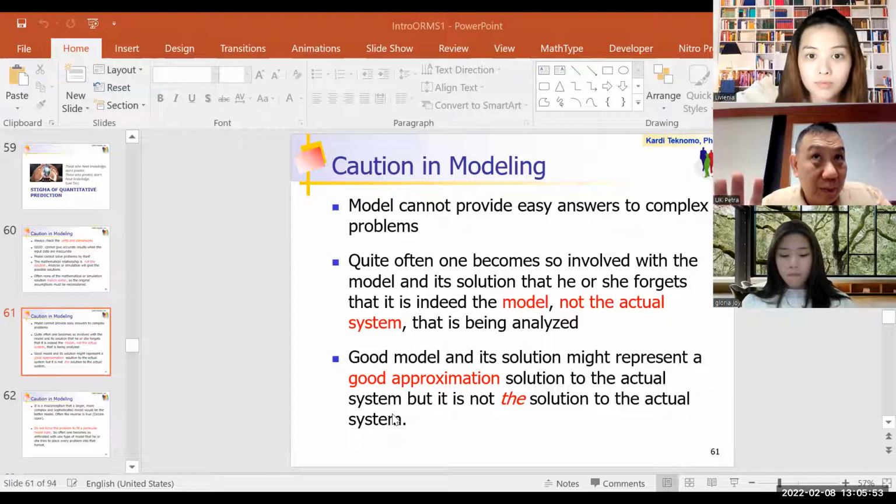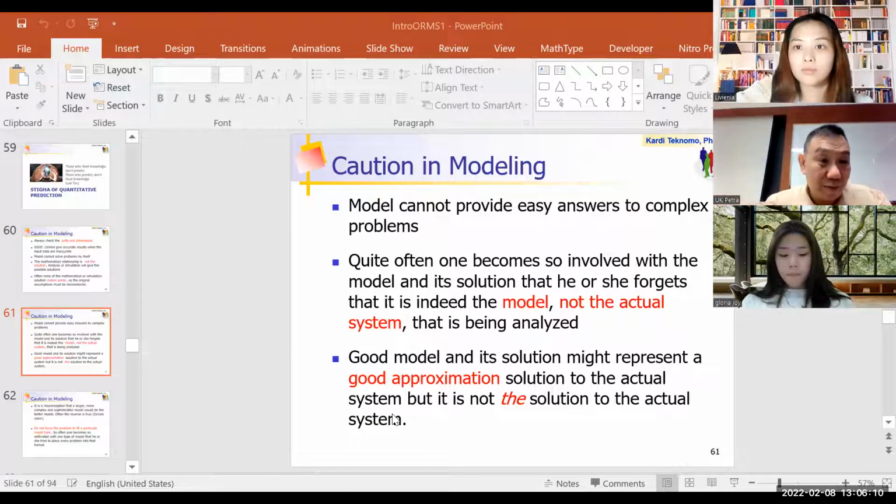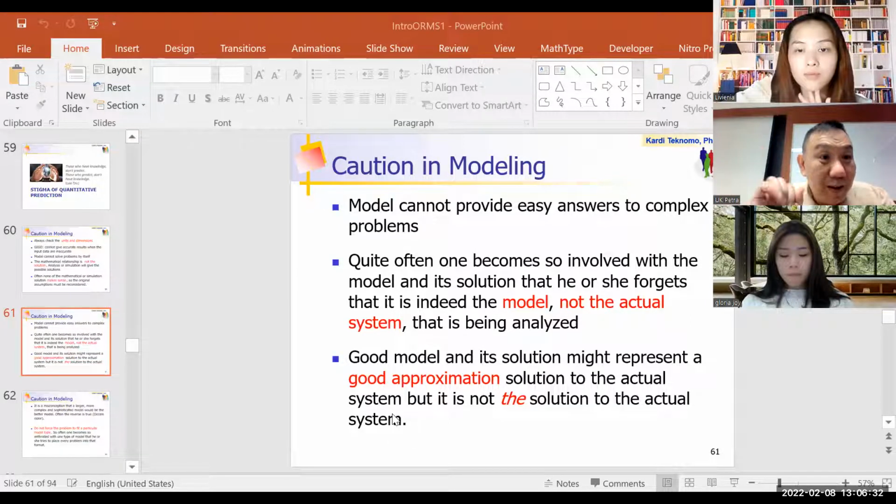I often happen to see several people, including several students in conferences, use certain models, say a linear model, and they think this is correct because the result seems very nice. But this is actually not the correct solution, yet they still insist on using it, even though the assumption has been violated. For example, if you assume it is a linear model, then the assumption must be linear, right?